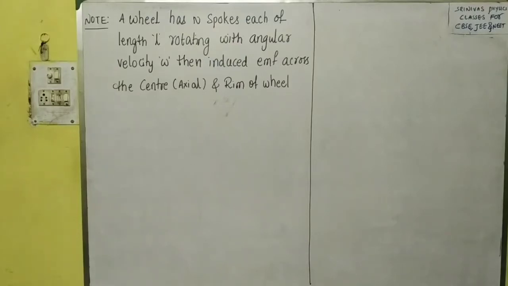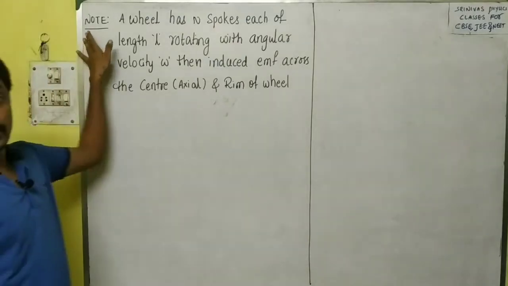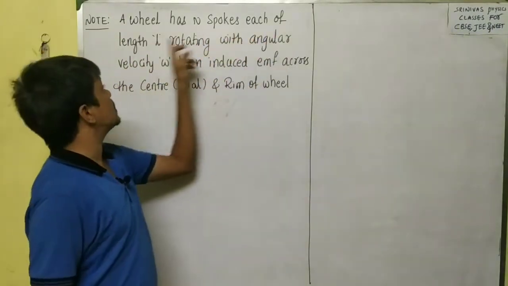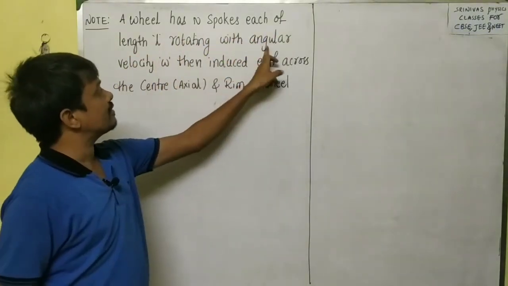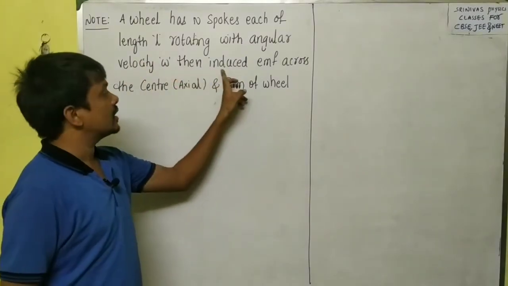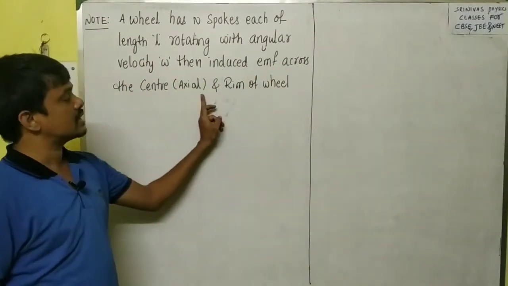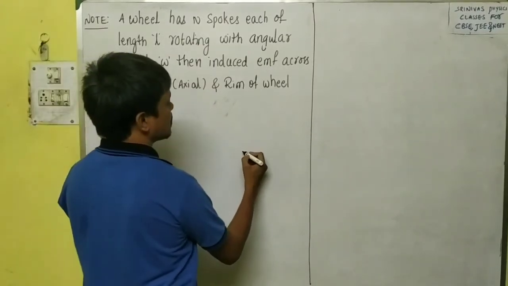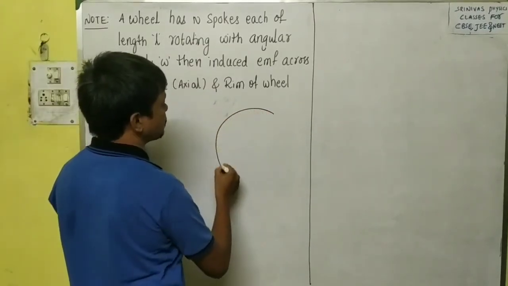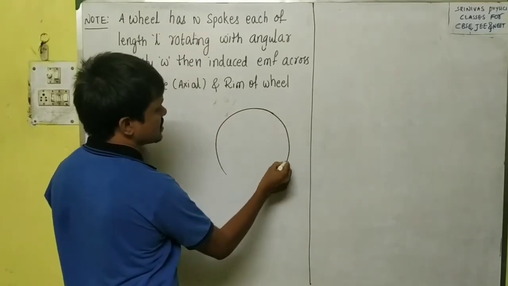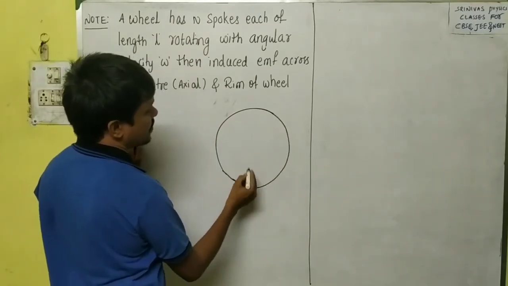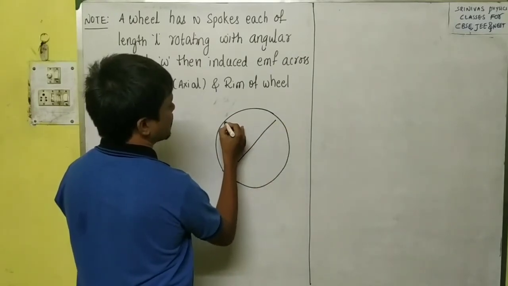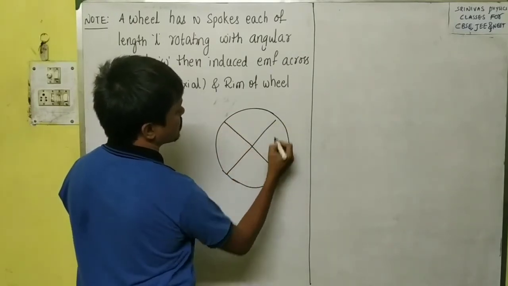Let us see one important note point I am going to give. A wheel has n spokes, each of length L, rotating with angular velocity omega. Then I want the induced EMF across the center and rim of the wheel. For example, this is a wheel, it has n spokes.